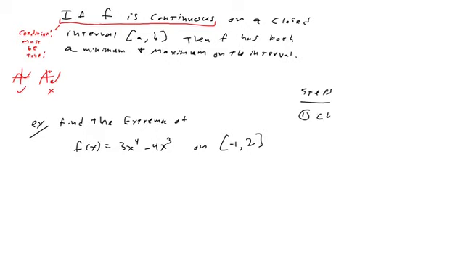Check that f of x is continuous on the interval. There's no real formal way to do that, it's just a brief examination. This is a polynomial equation. There's no weirdness going on, so we can just breeze through that one. Yeah, check. That's fine. No problem.